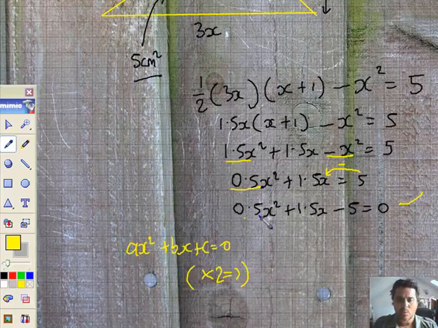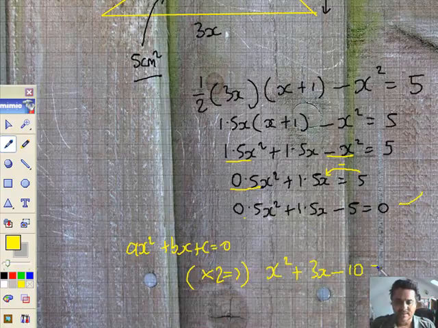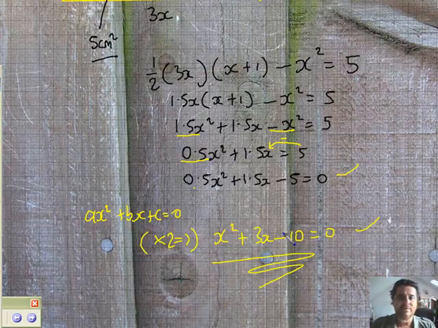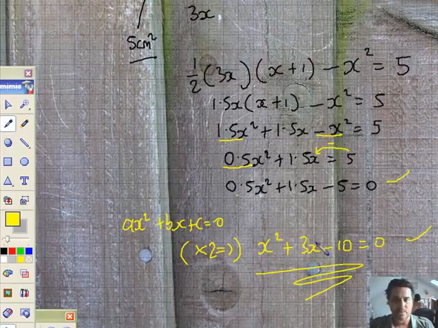Half x squared doubled becomes x squared. Double 1.5x is 3x, and double minus 5 is minus 10. And that is a very, very neat looking quadratic equation. And that's part B done. So the area of the triangle minus the square is equivalent to x squared plus 3x minus 10 equals 0 when written in the form of the classic quadratic equation.